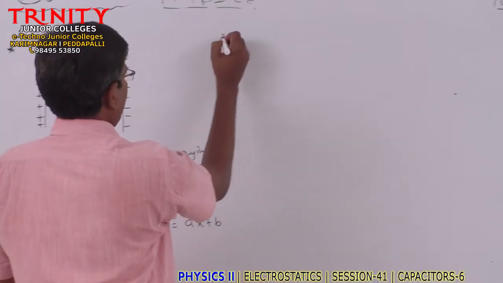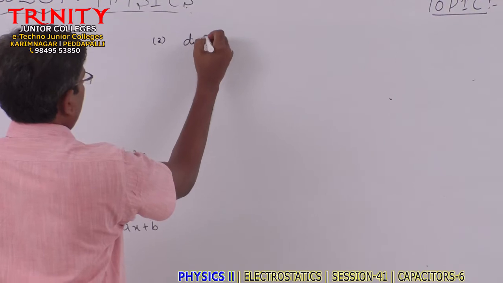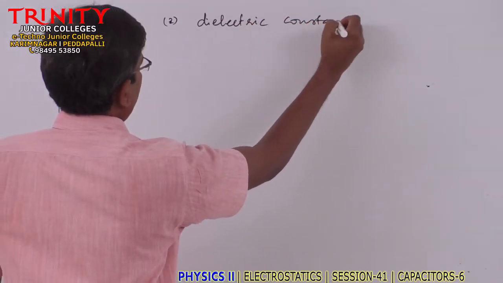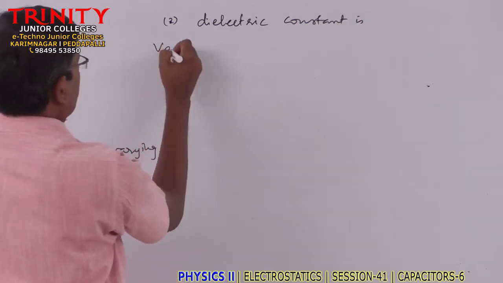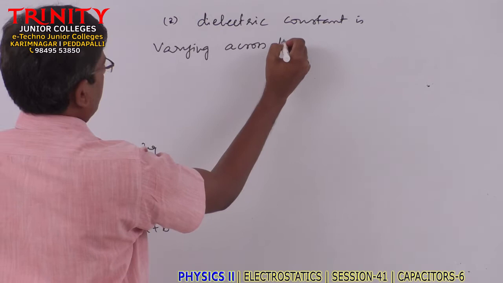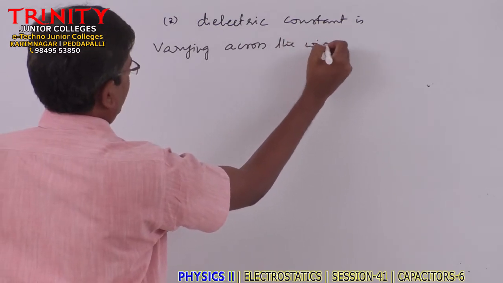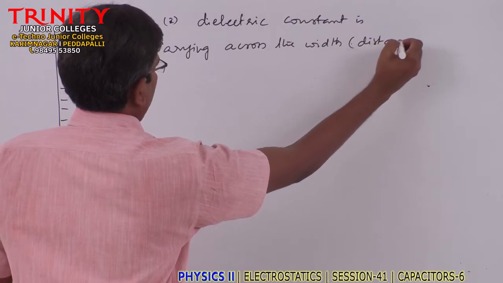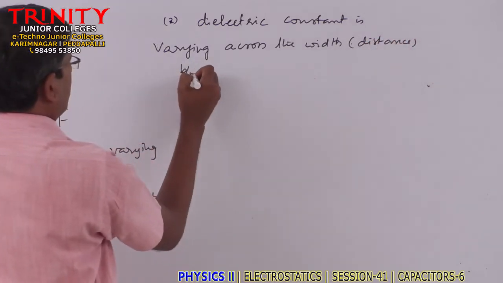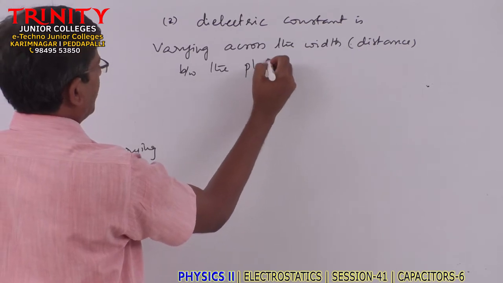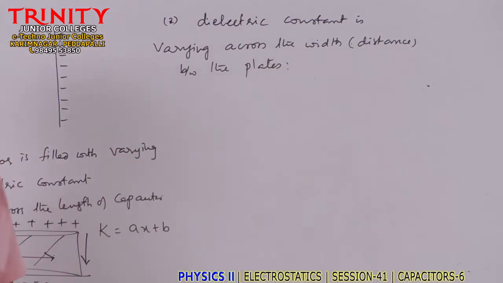Now the second case: the dielectric constant is varying across the width, the distance between the plates. So let us discuss this today.